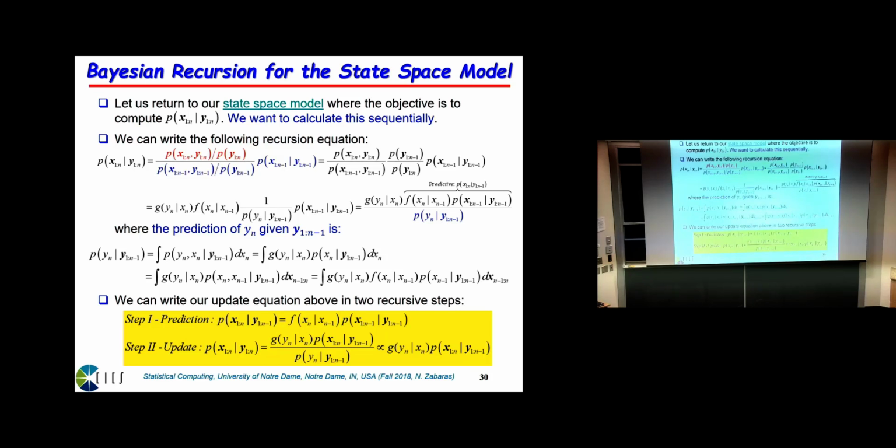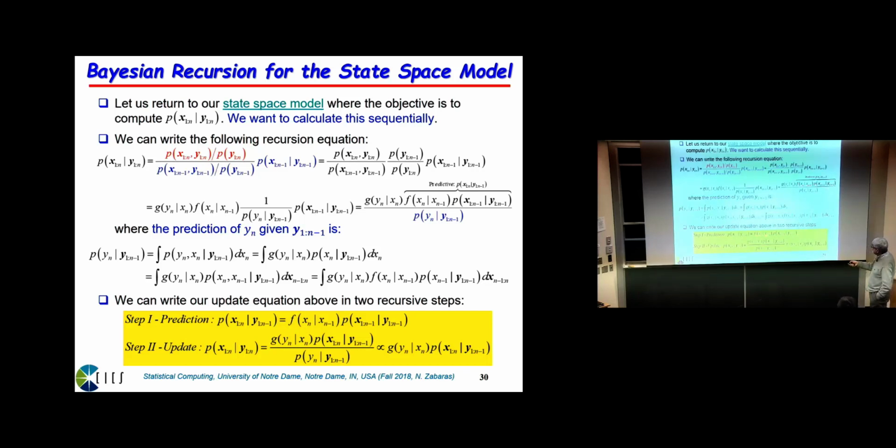Final answers. The calculation, basically, to be able to update this sequentially involves two types of calculations. One that we call a prediction step, and one that we call an update step. The prediction step involves, given the data up to time n minus 1, trying to predict one step ahead, from n minus 1 to n, and effectively it's this term that you see here.